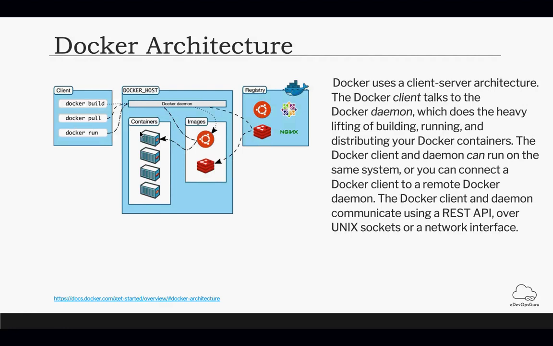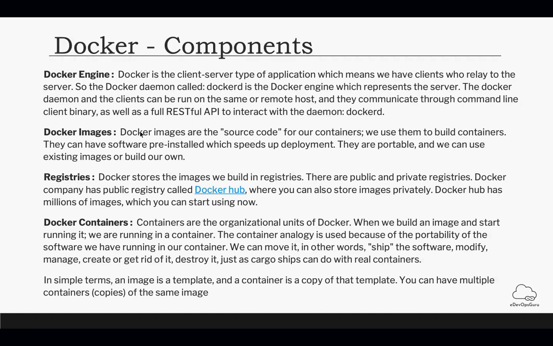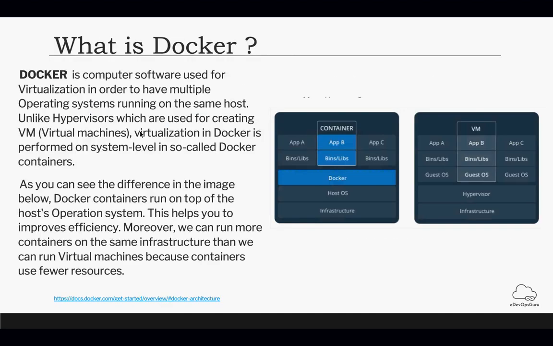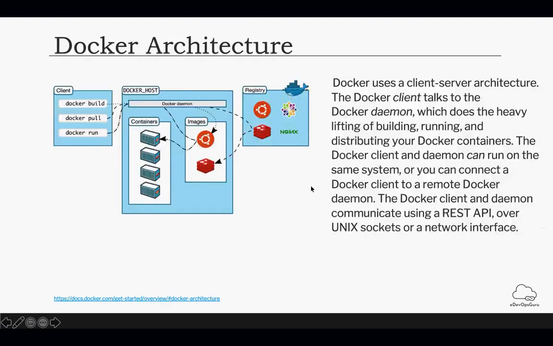And Docker client and daemon communicate using the REST APIs. So this is how it looks. Okay, then definition-wise, Docker components: Docker engine is basically, if we just go back and see here, this blue line is generally called the Docker engine.